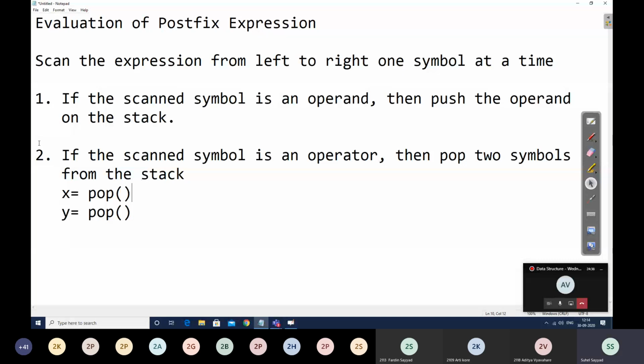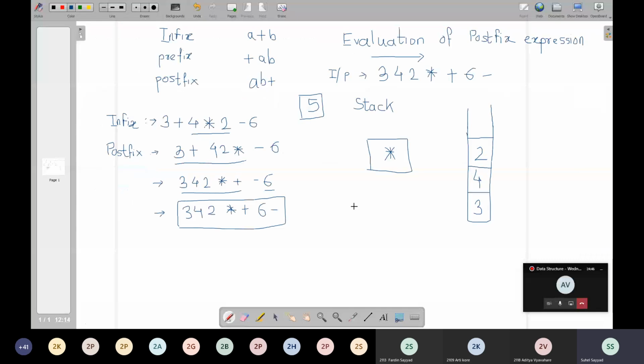Are you getting this? So if I go back to my example, suppose this is my X and this is my Y. What will be X that is getting popped here? X is my first pop. So when I pop from this, what will be popped? Can anyone tell me? 2. And where will this 2 go, in X or in Y?